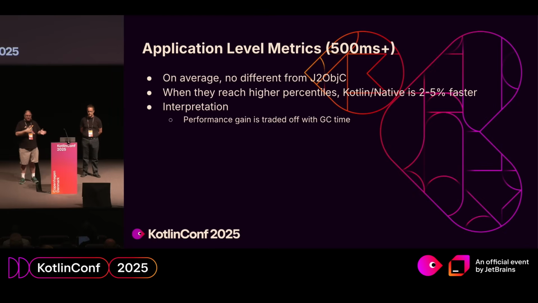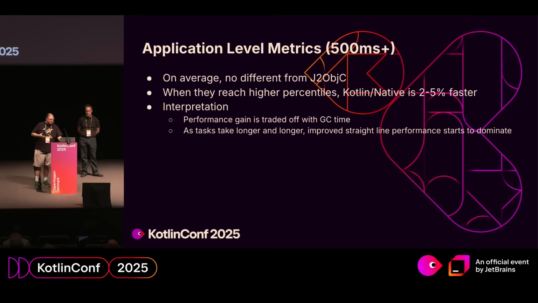If we made a mistake tuning the GC, we would see these metrics get significantly worse. So we believe that catches all of that. And so why do you get that tail end improvement? Well, the guess, if we're guessing, is that the straight line performance improvements eventually begin to dominate as the runtime gets longer.